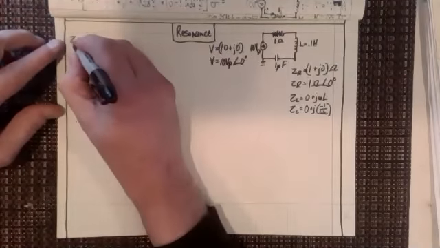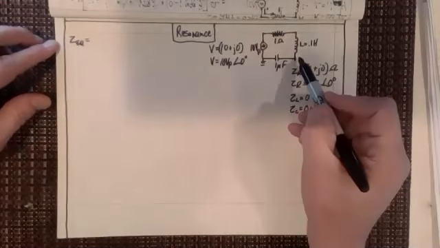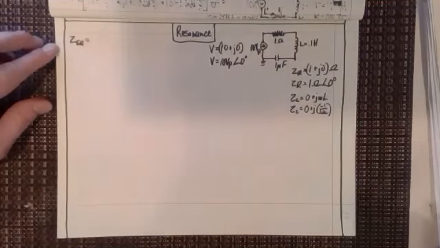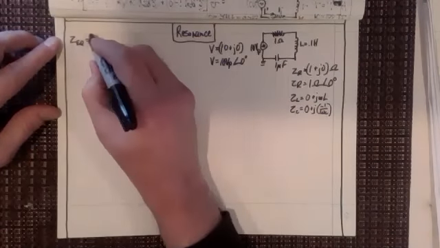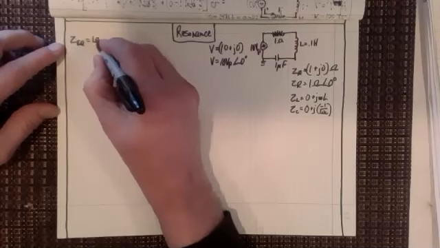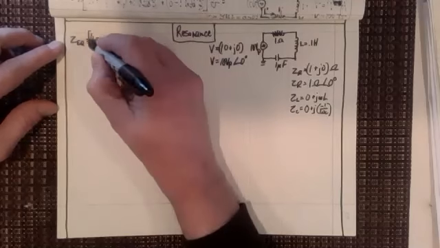If we're going to find the equivalent impedance for that circuit and they're in series, then we want to add up the individual impedances. The first impedance that we have is 1 ohm plus j0, and of course all these are going to be in ohms.